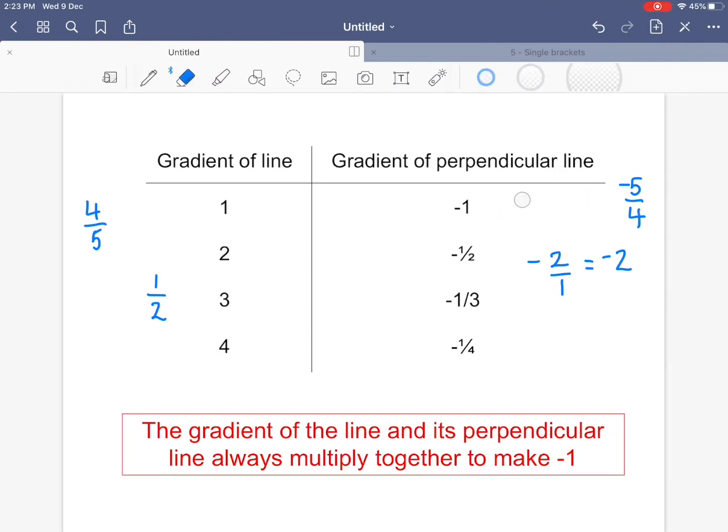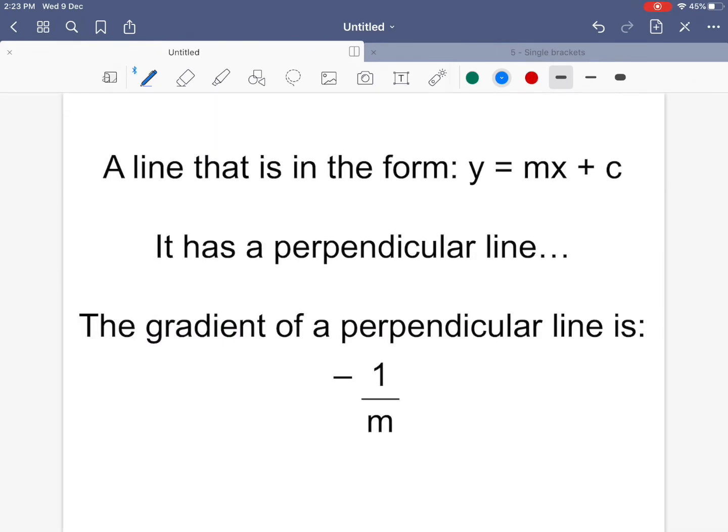If I had minus 3/4, then it would be 4/3. So each time, if it's perpendicular, it's the negative reciprocal. So if we had our original equation as y equals mx plus c, we take the gradient m, we do minus 1 over m, the negative reciprocal, and that will give us the gradient of the new line.